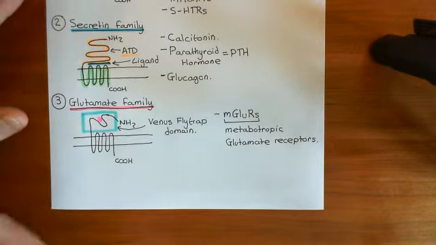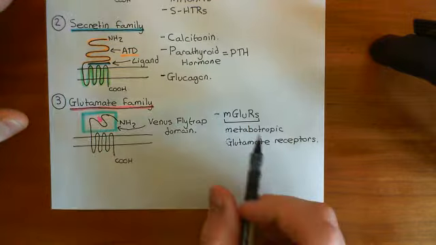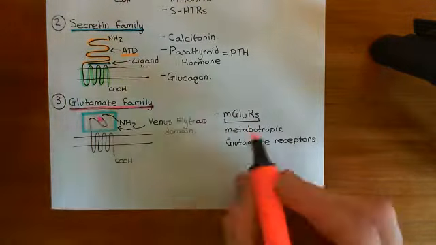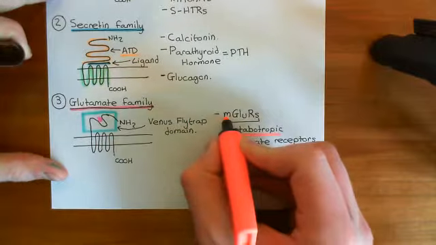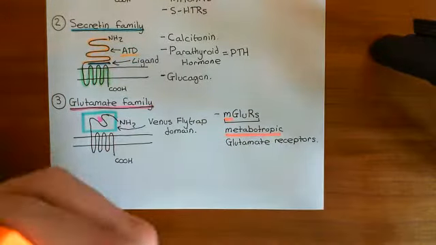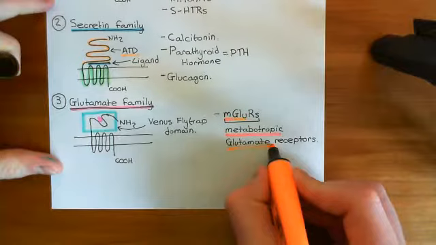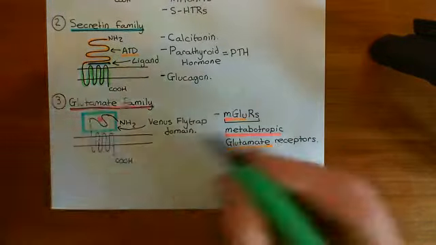However, there is another family of glutamate receptors, known as the metabotropic glutamate receptors, or for short, M-GLU-Rs: M is for metabotropic, GLU is for glutamate, and R is for receptors.